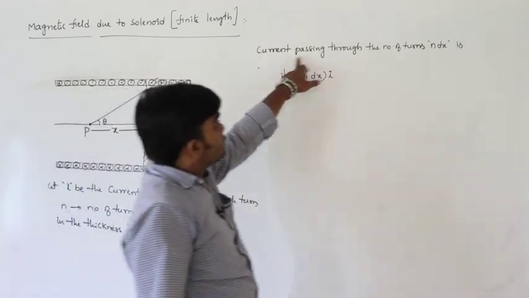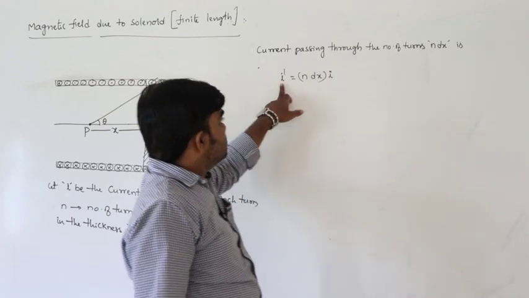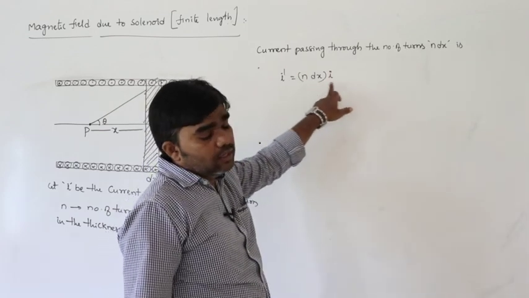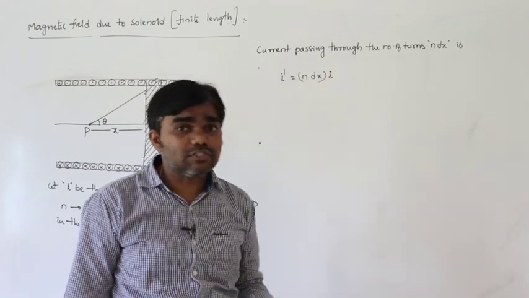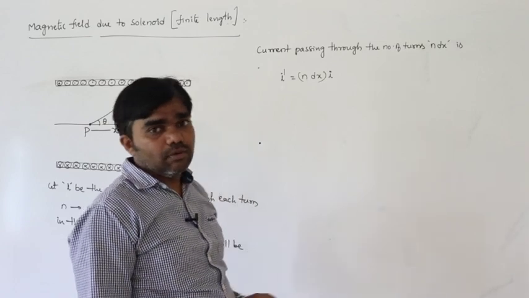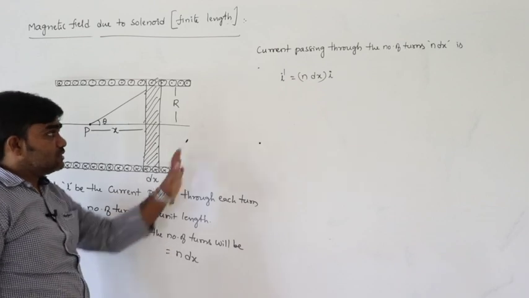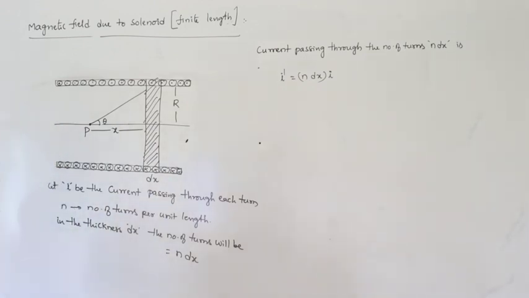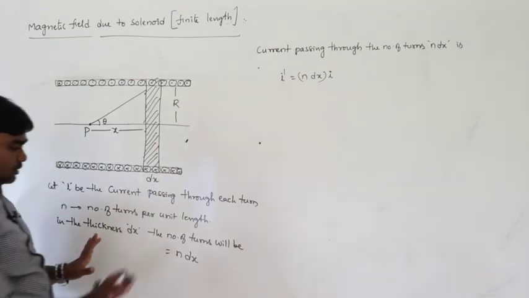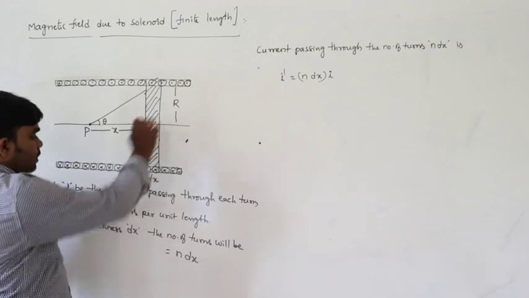So the current passing through the total number of turns is I dash, which is equal to n dx into I. This is the situation.